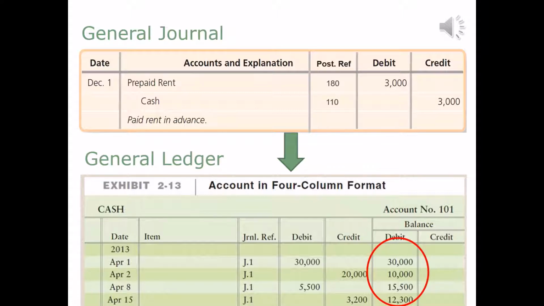You shouldn't have any balances on the credit side for accounts that have a normal debit balance. The same thing is true of the normal credit balance accounts, such as the liabilities and the capital account or the revenue account. These all have a normal credit balance, and in your 4-column format ledger, you will never stray away from having your balance in the credit side.